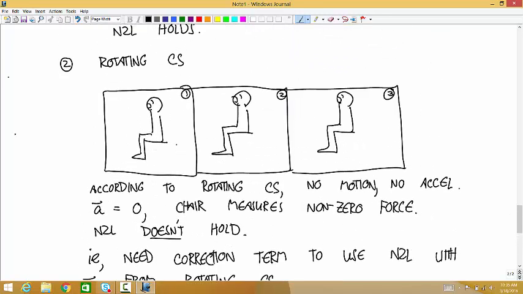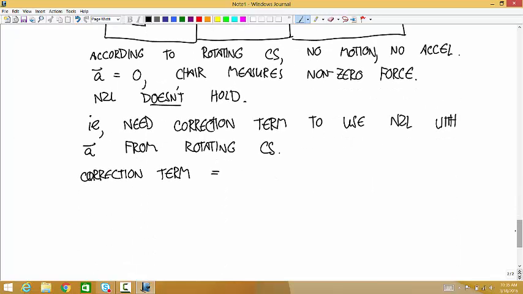Well, the acceleration that you're measuring from the rotating coordinate system is just equal to px double dot, py double dot, pz double dot. That's what you're measuring there.